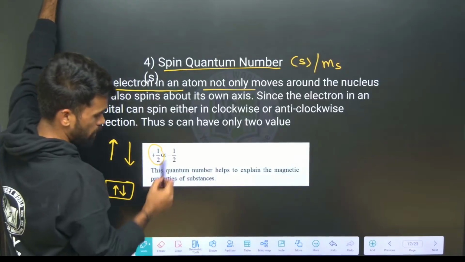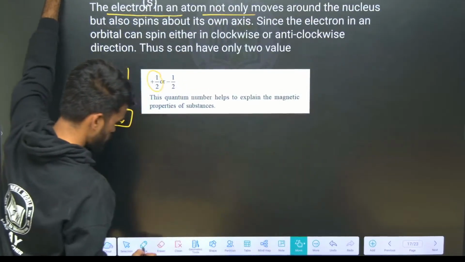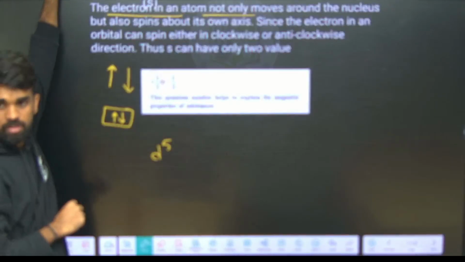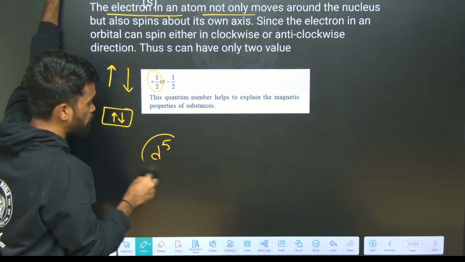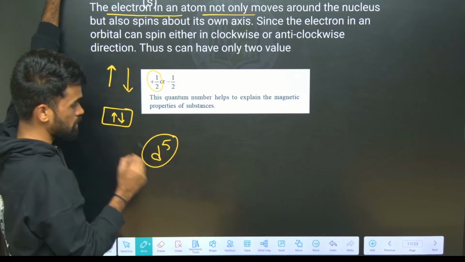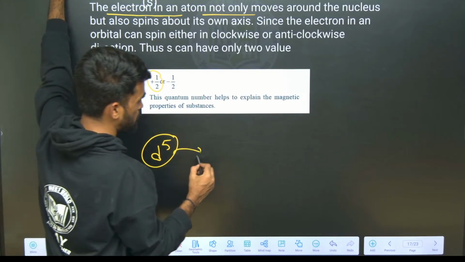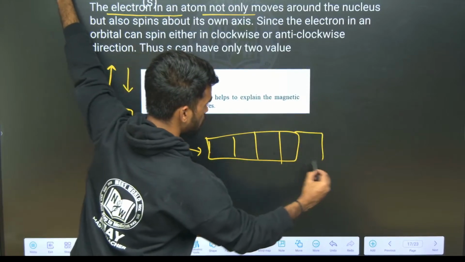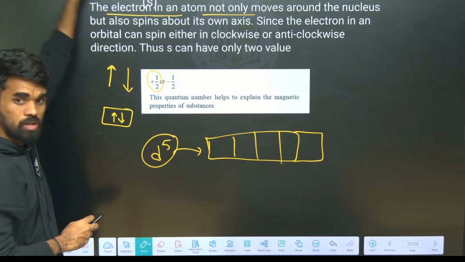See here, for example, I have d5 electronic configuration. How many d orbitals are there? 3d, d5 means how many d orbitals? 5 d orbitals are there. How many electrons did I mention here? Now I am saying 3 rules.